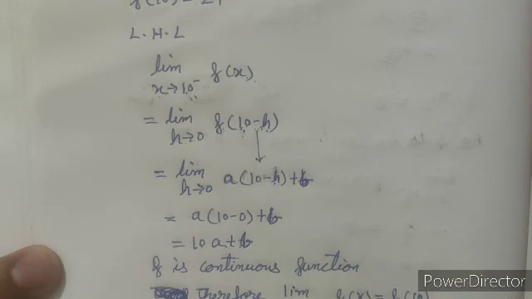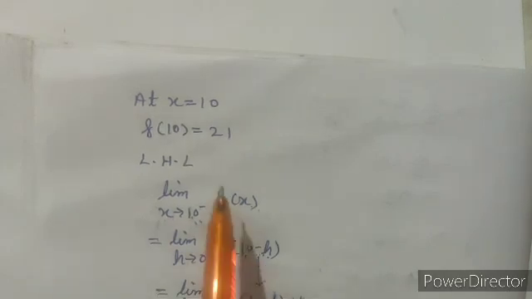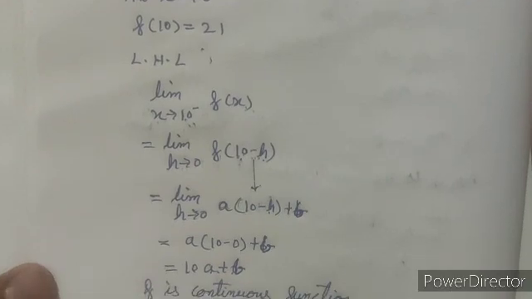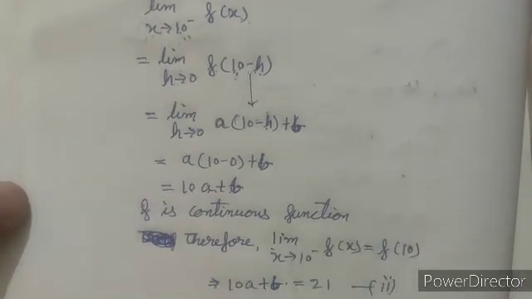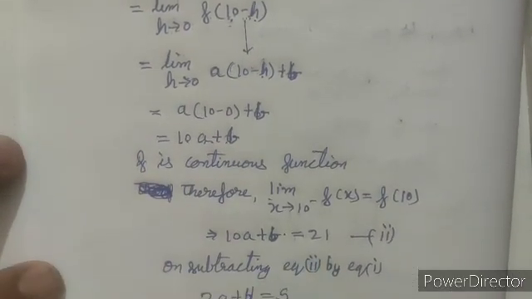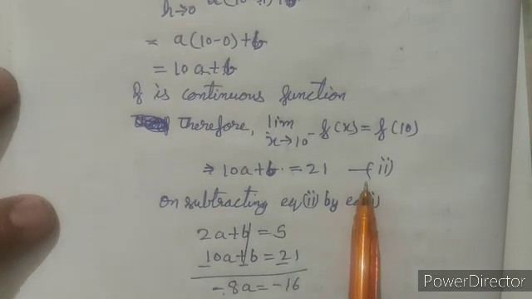Now as we know that f(x) is a continuous function, so this left hand limit will be equal to the value of the function, that means 10a plus b will be equal to 21. Now this is our second equation.